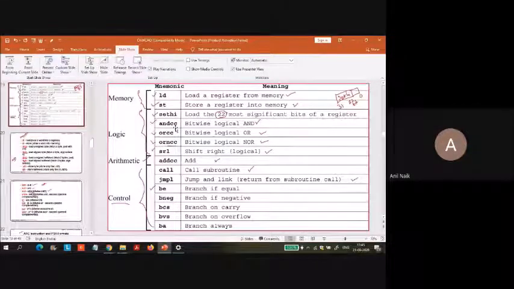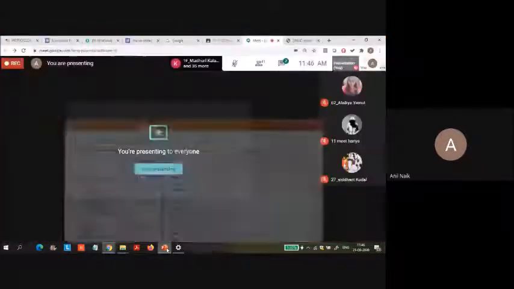Then ANDCC, bitwise logical AND, ORCC, bitwise logical OR, NORCC, bitwise logical NOR, shift right logical. Then arithmetic, ADDCC, add operation. Then control instructions: call, JMPL, branch if equal, which means it will jump to a particular location if the condition is true, branch if negative, branch on carry, branch on overflow, and branch always. So these are the different control instructions.